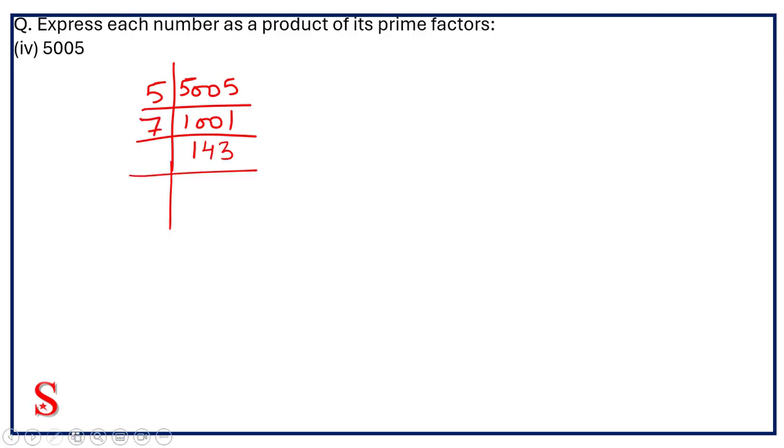And now any odd number coming to your mind by which we can divide this remainder? 11. Since 13 is a prime number, we'll write it as 13 ones are 13, and we get all the prime factors of 5005, which we'll note down here.